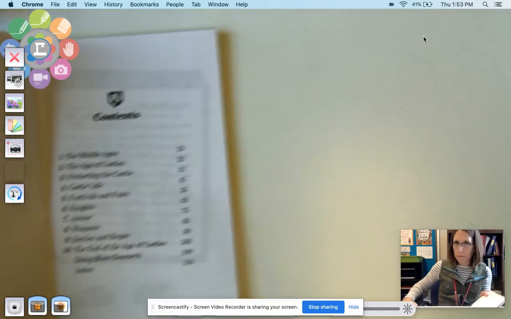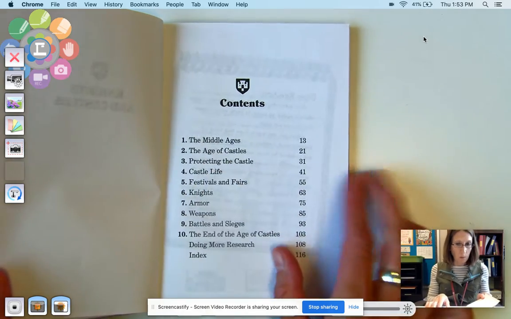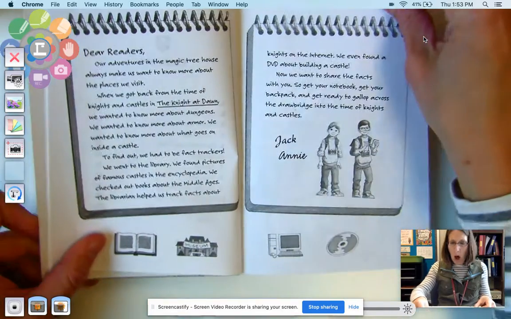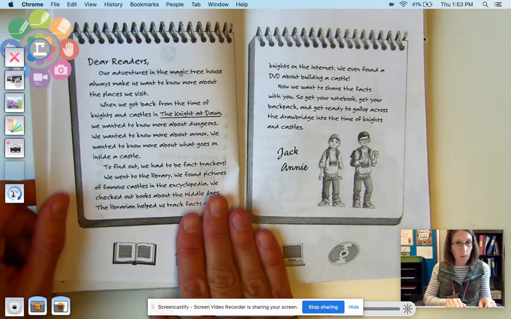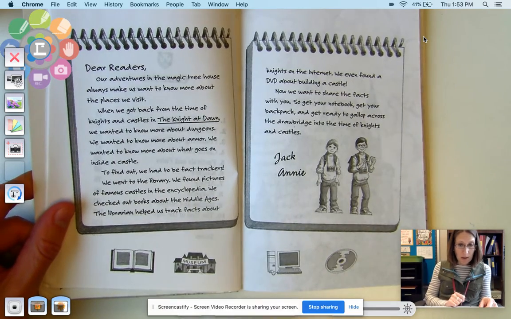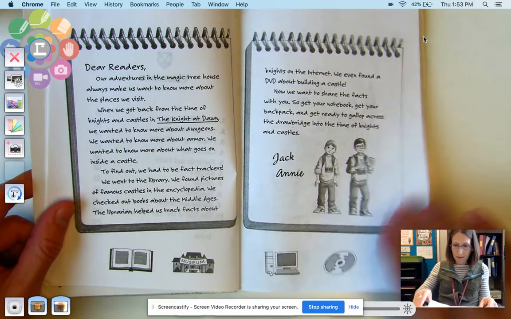And then I'm going to have you also read chapter 2 on your own. So that's what we're going to do for today. Oh, and on this page, it tells you a little bit about if you wanted to read the adventure story about the Magic Tree House. The matching one is Night of the Dawn.